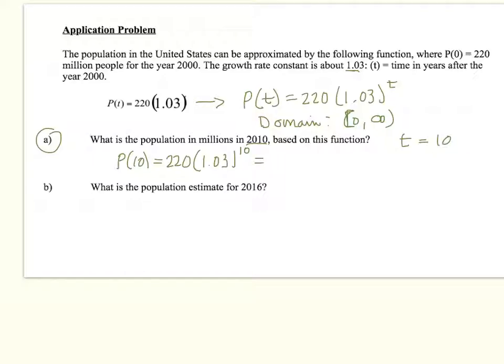And if we did that on our calculator real quickly, we get 1.03 raised to the 10th, and we multiply that times 220, and this is in millions, so we get 295.66 million. This is an approximation.